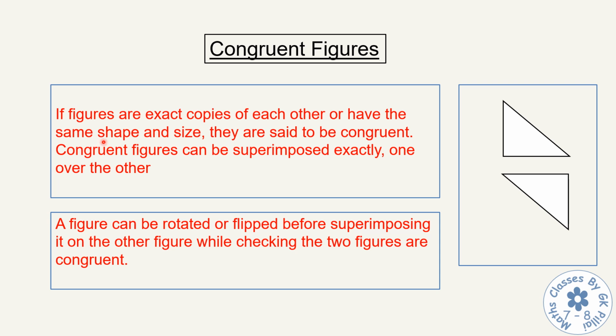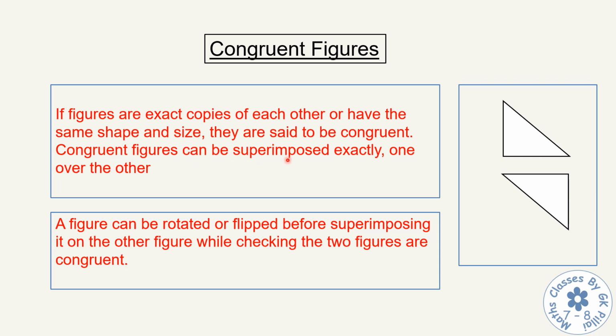If figures are exact copies of each other, just like this, or have the same shape and size, they are said to be congruent, and congruent figures can be superimposed exactly one over the other.